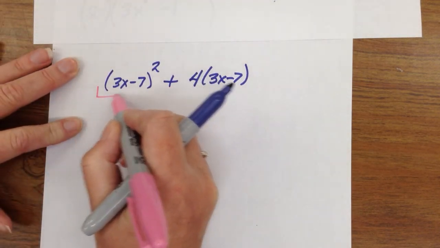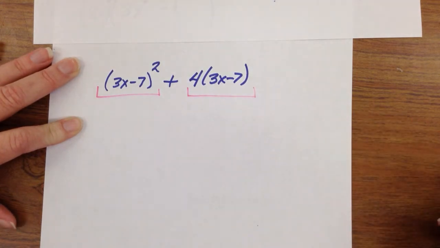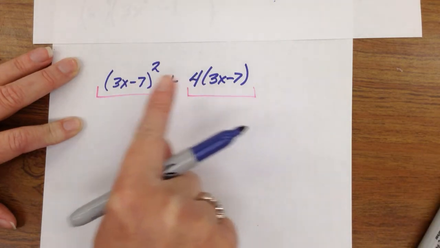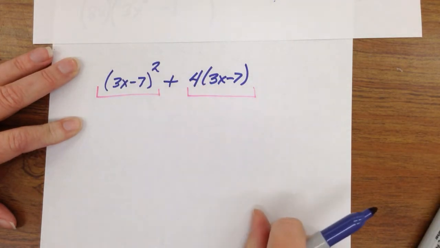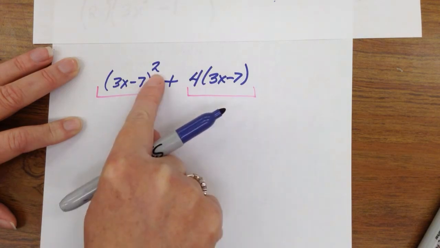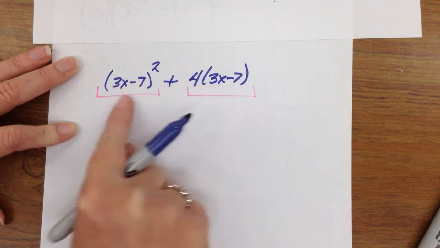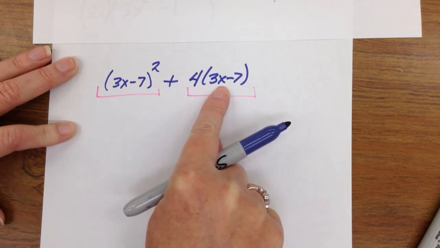It separates the front term from the back term, just like our last example. Now I ask myself, what do the front and the back have in common? Wow, there's a lot of 3x minus 7s in this problem. This has 3x minus 7, it's actually squared, and this has 3x minus 7. The greatest common factor is 3x minus 7.